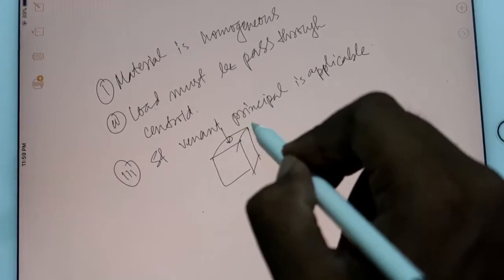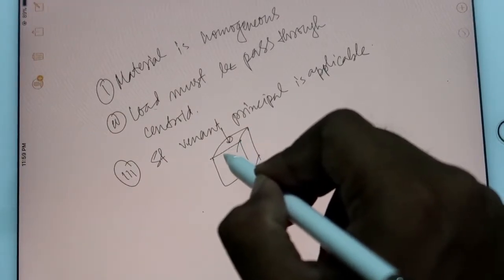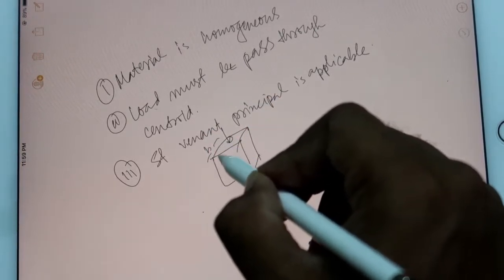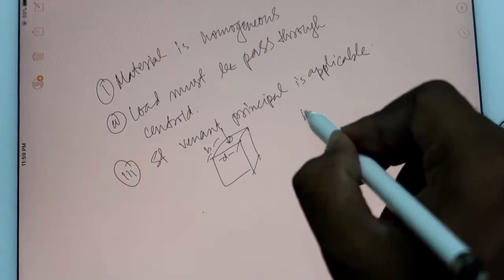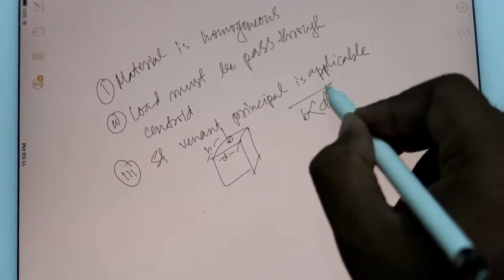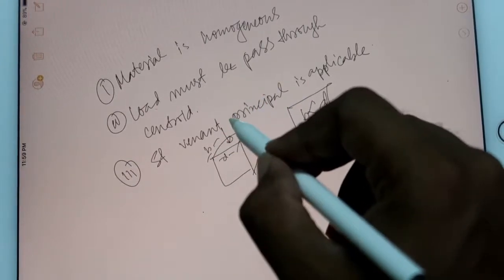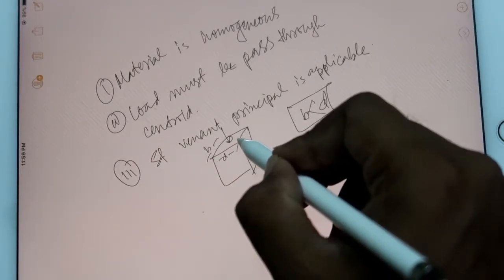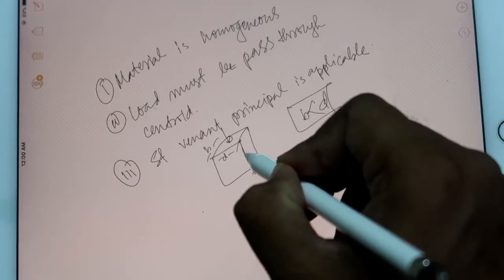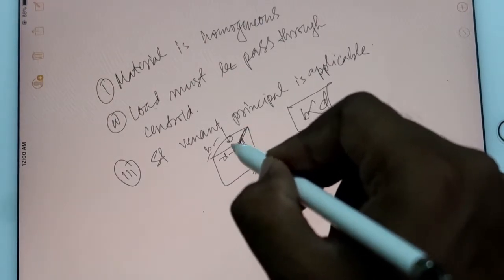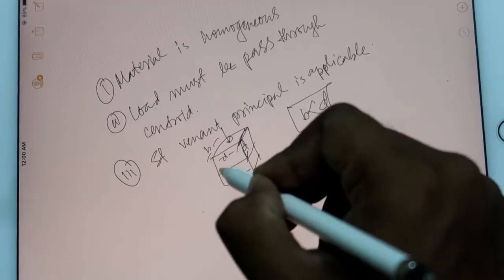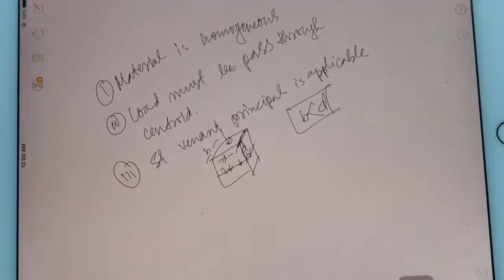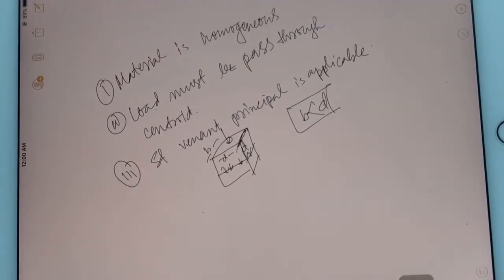If force is applied in this manner, and this is B and this is D, if B is less than D, then the stress due to this force is uniform at distance D from the upper end. Here the sigma is uniform. So these three conditions are very important for normal stress.